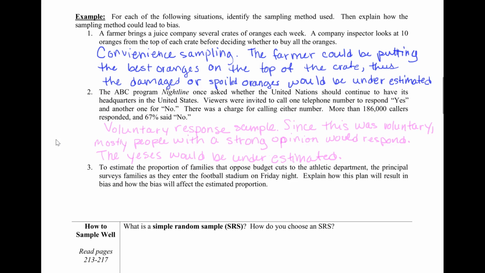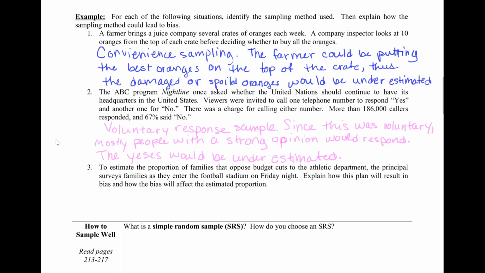It's people who usually have a strong opinion and want to change something who would call in more than not. Also, because there's a charge, people who can afford it are going to call in. So that's another problem with this that would lead to definite bias.